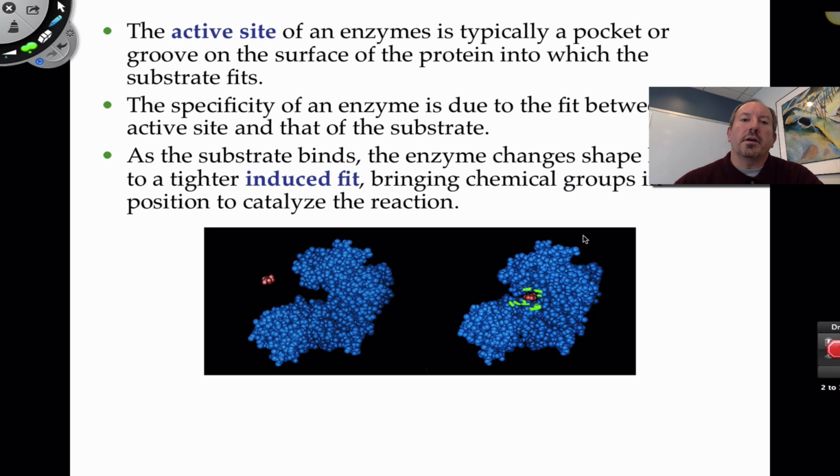This is referred to as an induced fit. So the enzyme changes shape, leading to a tighter fit, and therefore it brings about the chemical reaction more readily. It allows the two reactants to collide more easily, or it allows for bonds to be broken more easily because of that temporary docking with the active site.